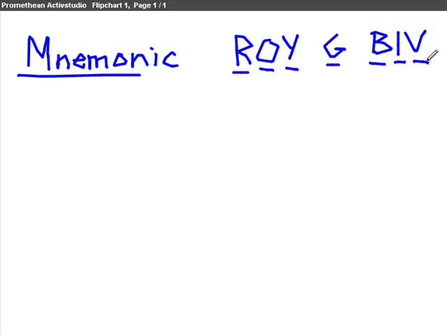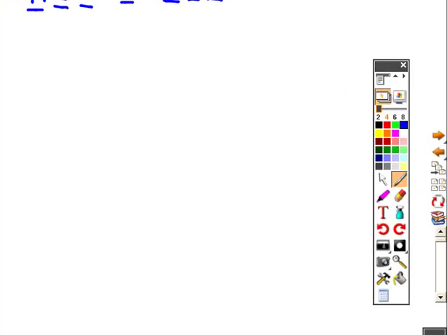We're going to talk about the mnemonics for the history of what we've known about an atom and how we knew it. This is pretty important to be able to understand what we know about the atom and how we learned that. An atom is so small and we can't see it and we can't see the parts of it.